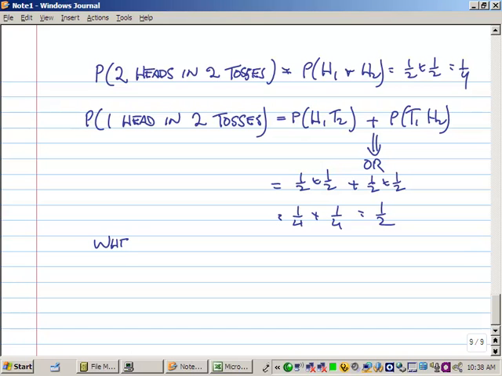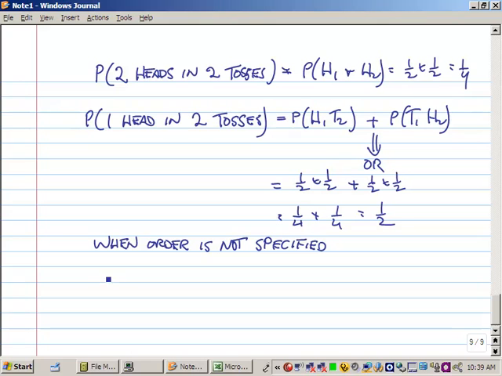So when the order is not specified, as it was in this particular example, 1 head in 2 tosses did not say I want the head first, then the tail, or vice versa.